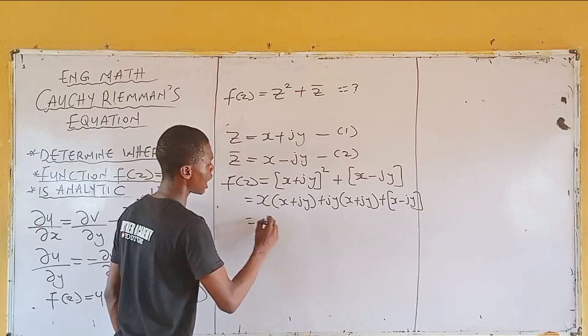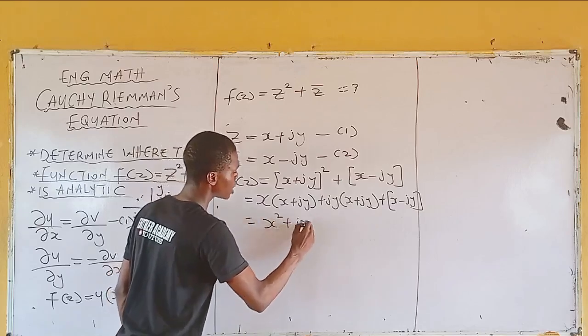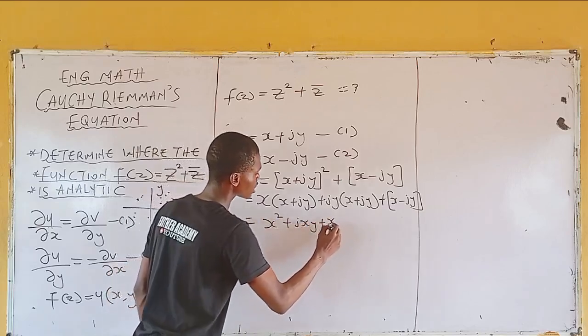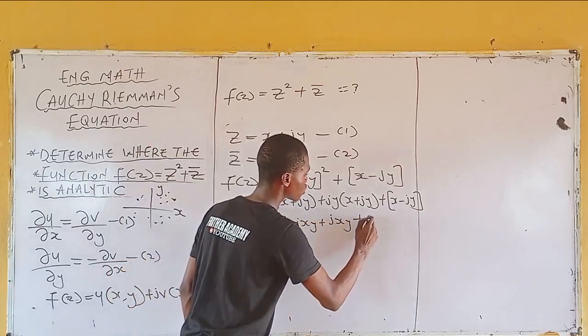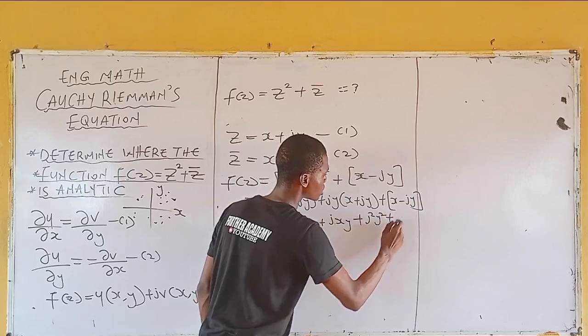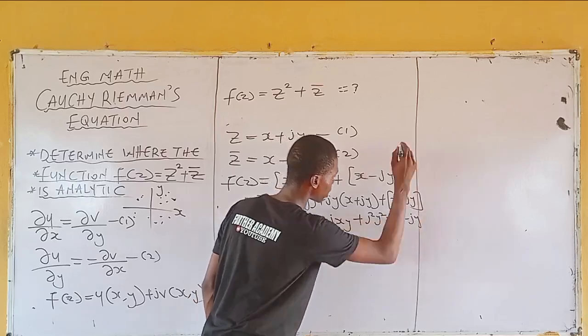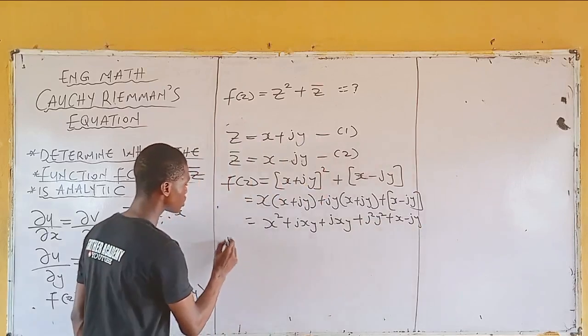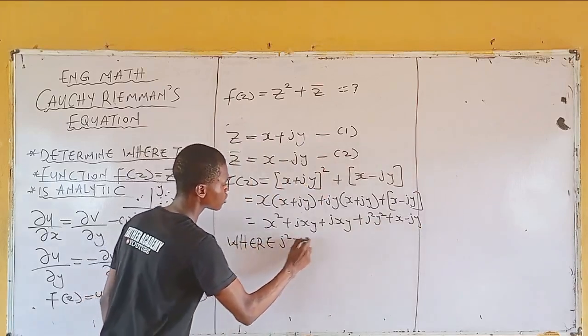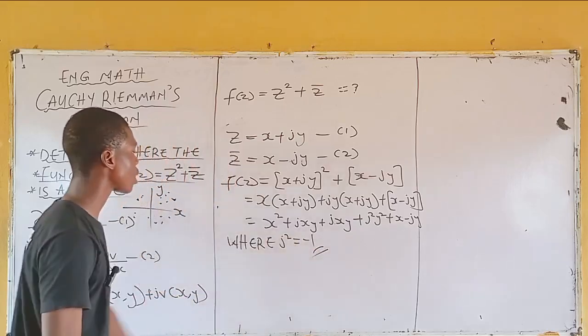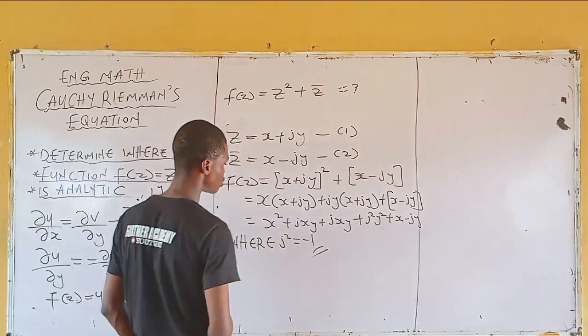I have x squared plus jxy plus jxy plus j squared y squared, plus x minus jy, where j squared is equal to negative 1 from complex numbers. Anywhere I see j squared, I'll substitute negative 1.